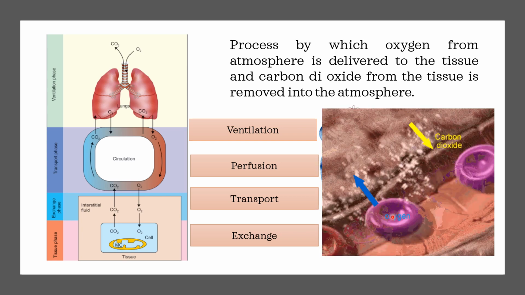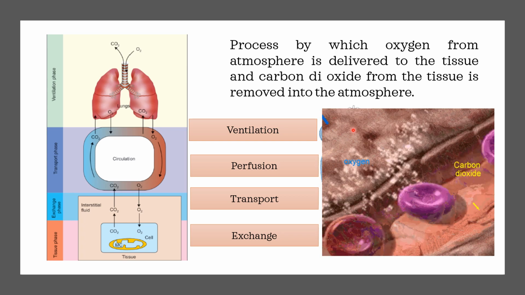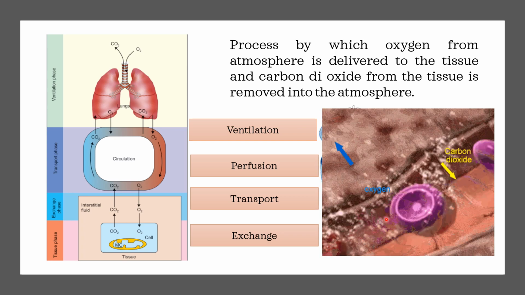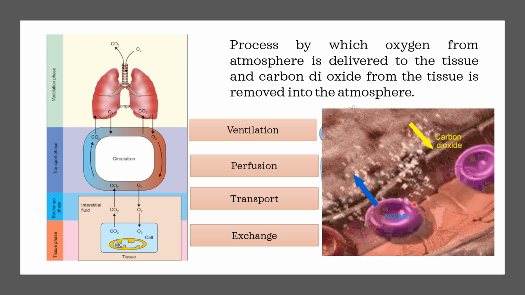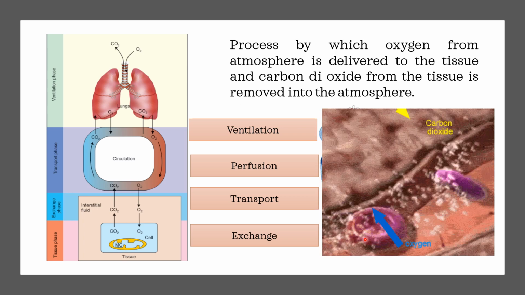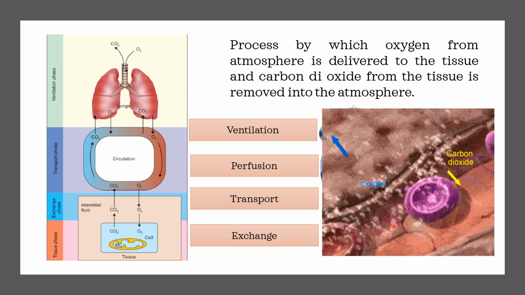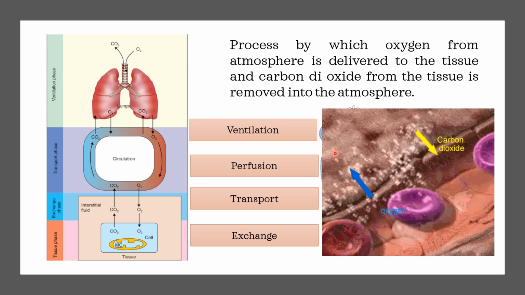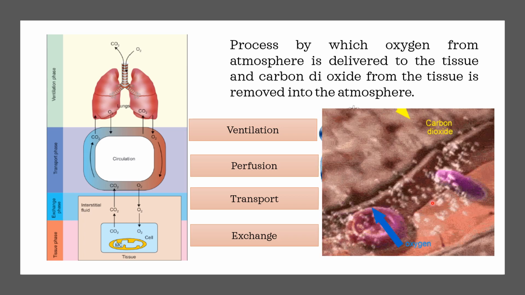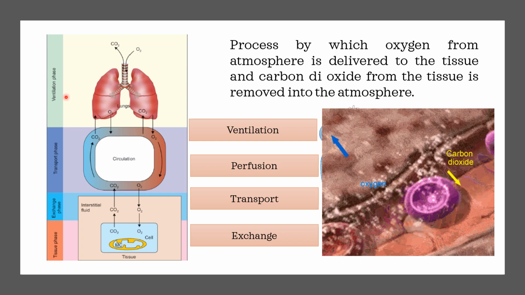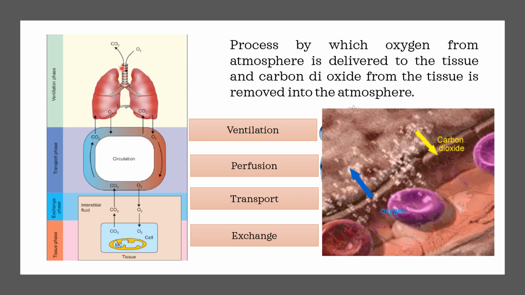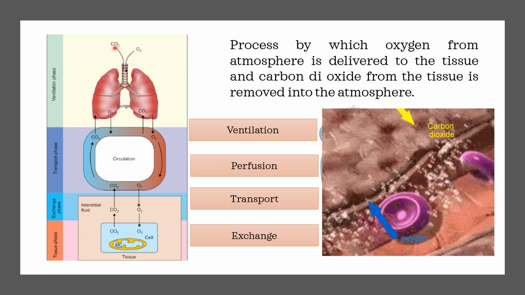So we can see here, this is the tissue and this is the RBC which contains the oxygen. Oxygenated RBC is red in color. It is giving oxygen to the tissue, taking carbon dioxide and moving back to the lung, so that via the process of ventilation the carbon dioxide can go out.